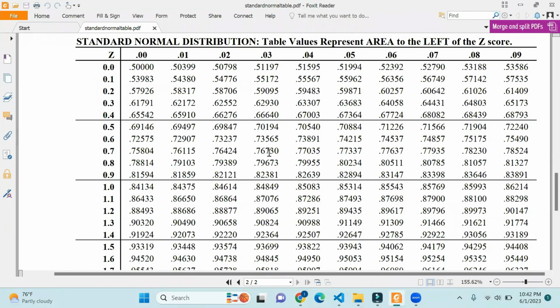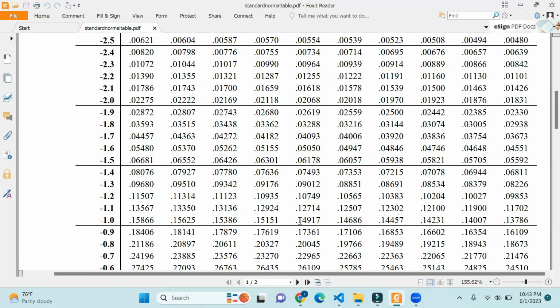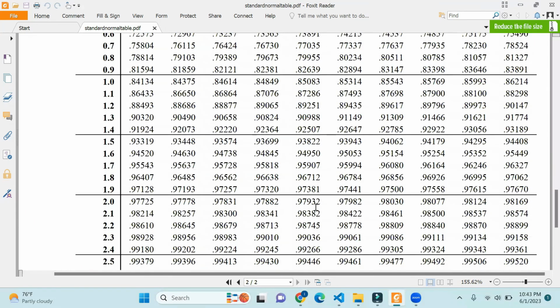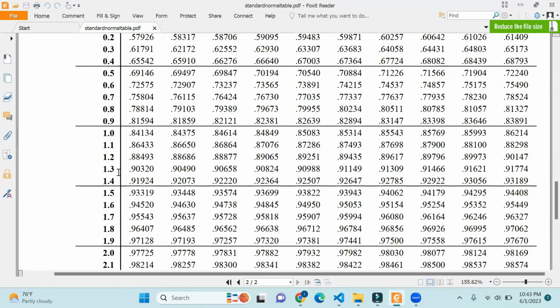This is the z-table. The nearest match for the probability 0.15 is 0.14917. The corresponding z-score is negative 1.04. Similarly, the nearest match for probability 0.9 is 0.89973.